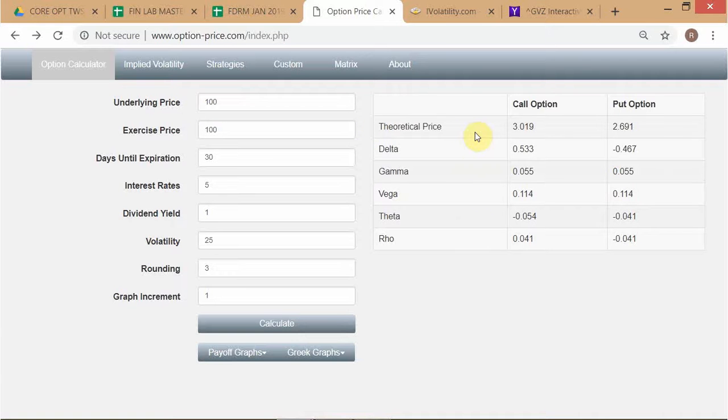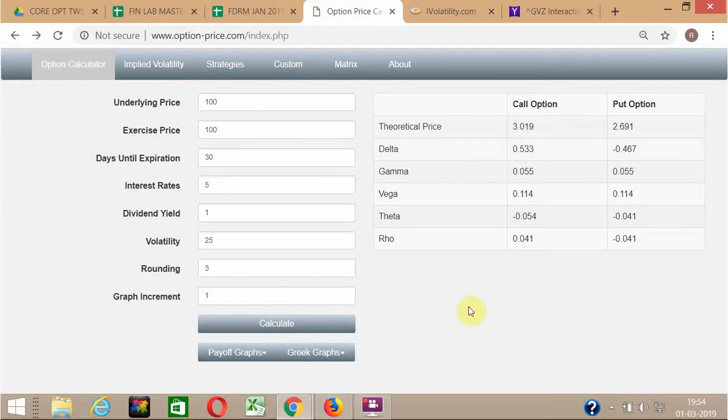Remember, the theoretical price is conceptually the same as the fair value. This model is saying that if these are your inputs, then the call option should be worth $3 roughly. Let's forget the decimals. But when you look at the market price for this option with these same parameters, you find that that option is worth about $6.